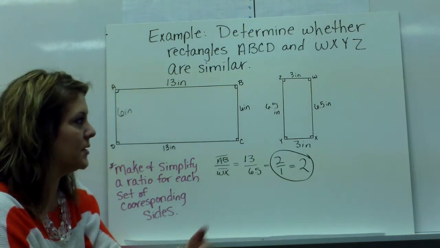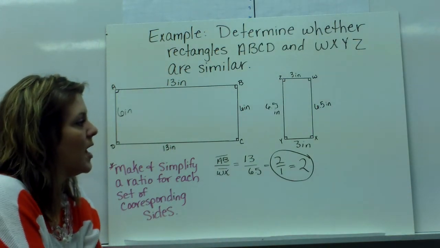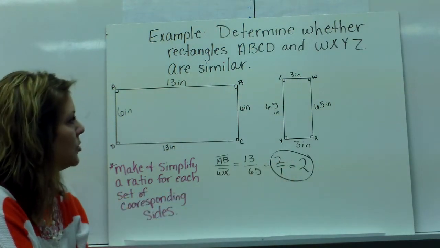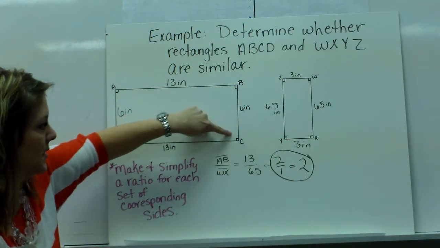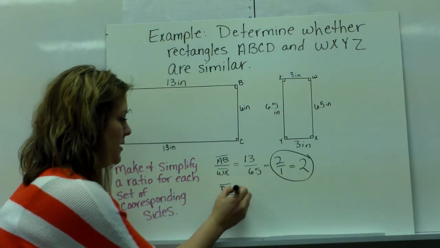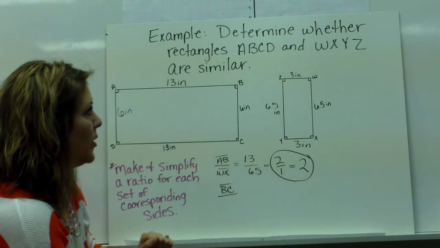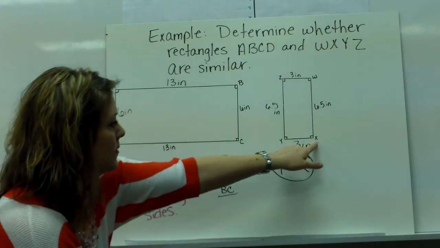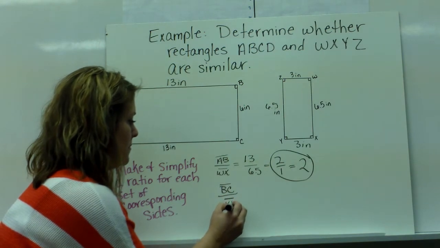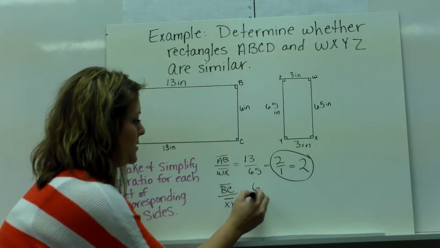Okay? Now we're going to test the other dimension and make sure we get the same ratio. So let's look at BC and its corresponding side, which is XY, which is 3 inches. So we're going to be comparing 6 to 3.